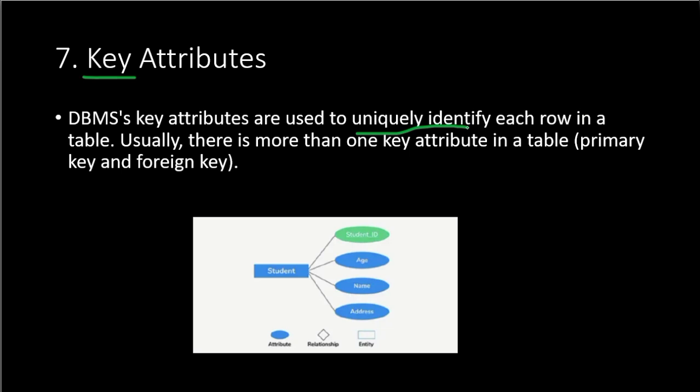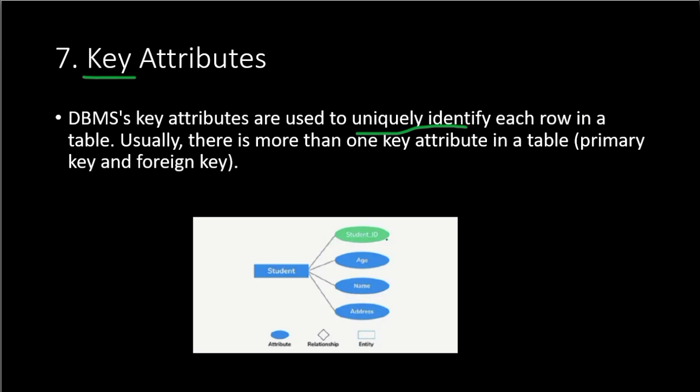In a database there can be more than one key in a table, like the primary key and foreign key. The primary key will have only unique values, without any duplicates.